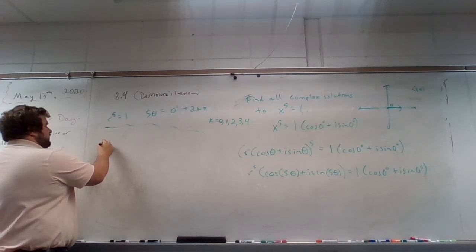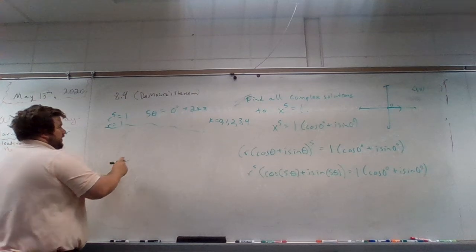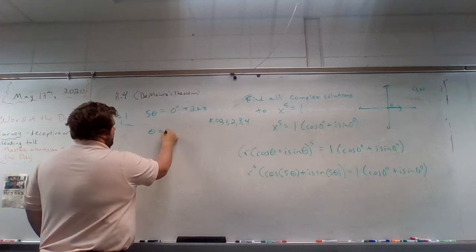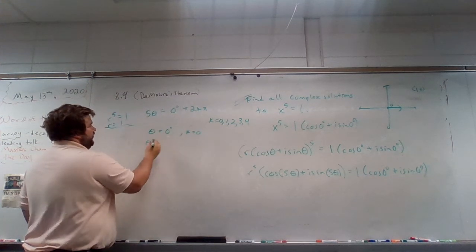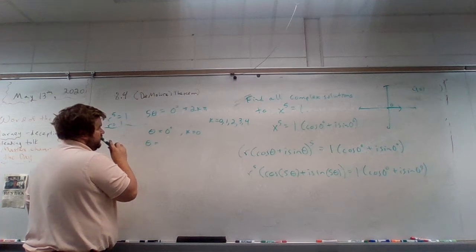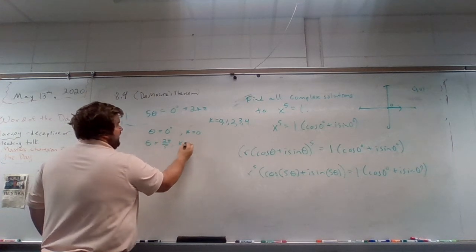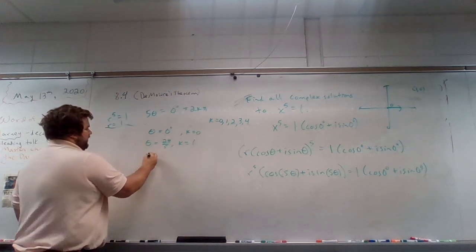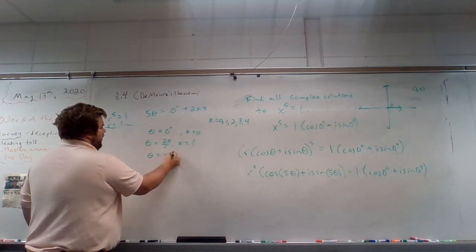If I take the 5th root, r is 1, and theta is equal to 0 if k is 0. Theta is equal to 2 pi over 5 if k is 1. Theta is 4 pi over 5 if k is 2.